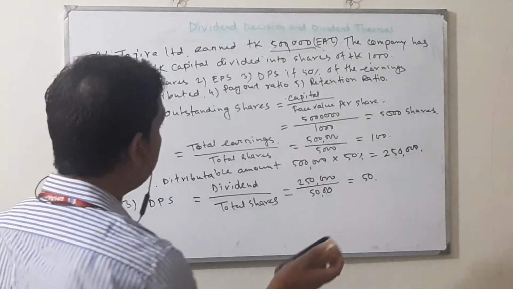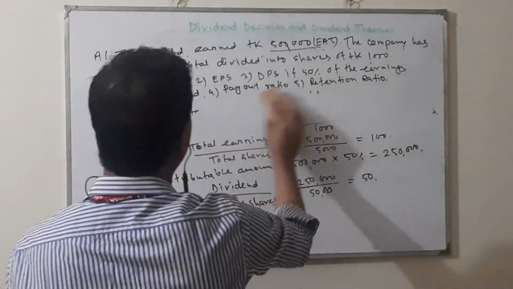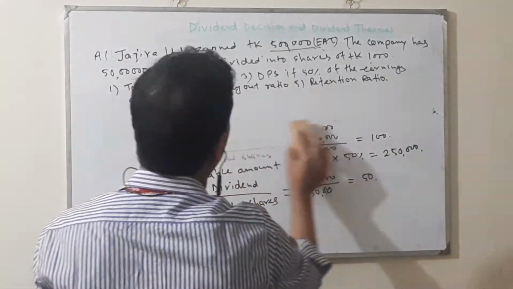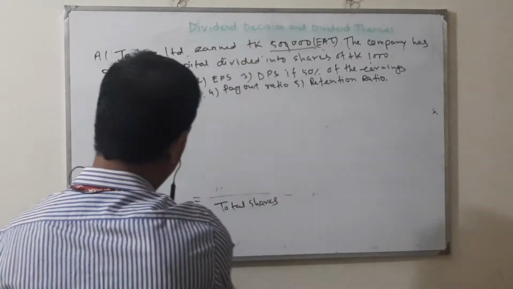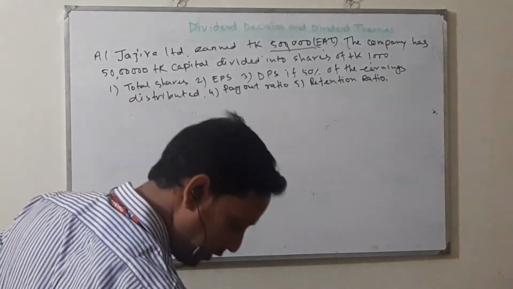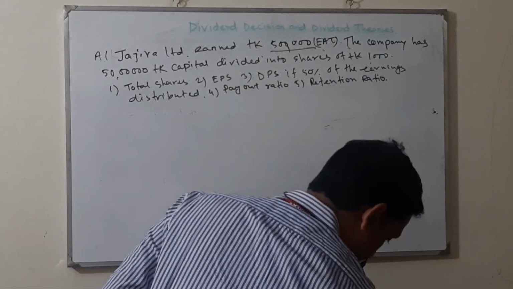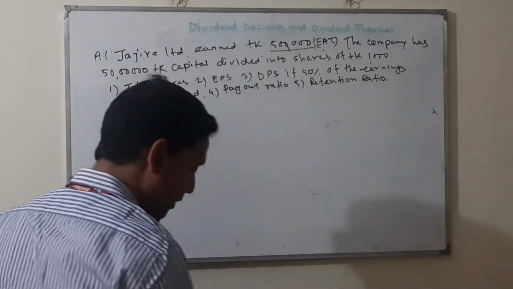Then we bring out number 4, the payout ratio.